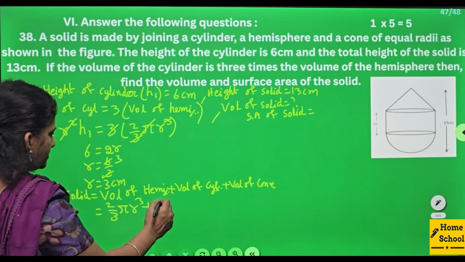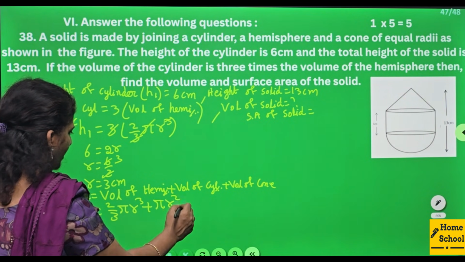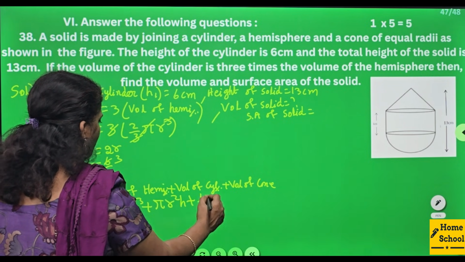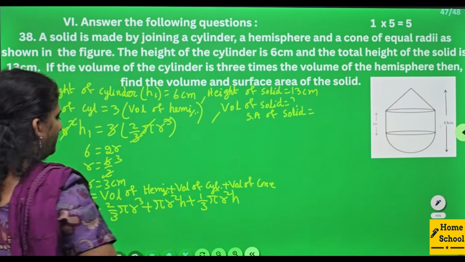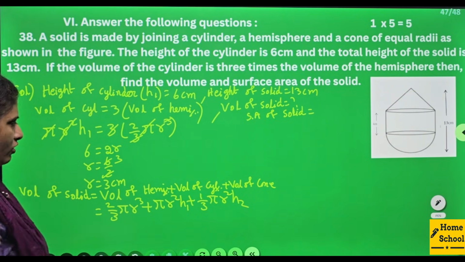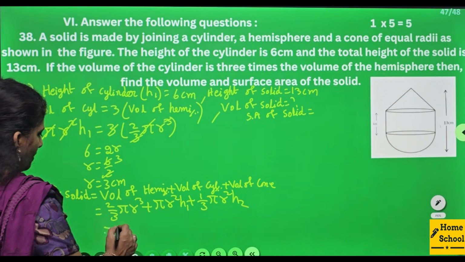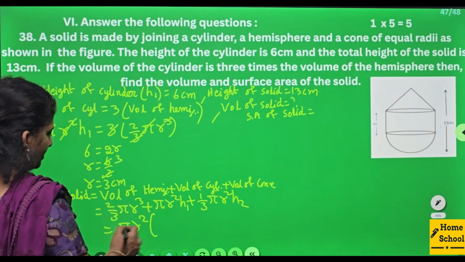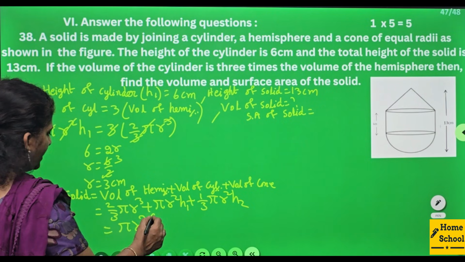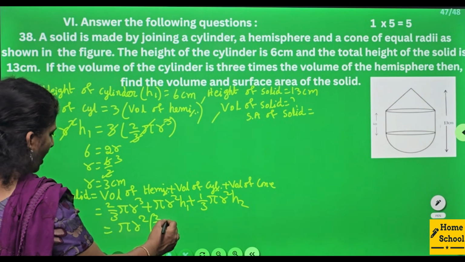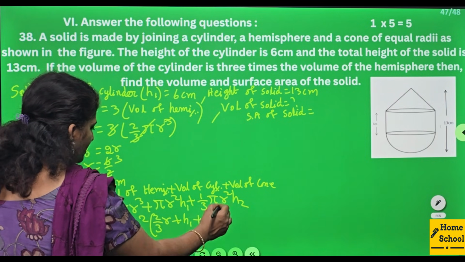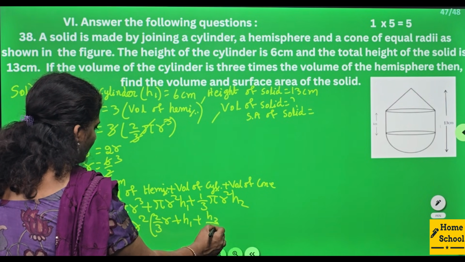Volume of a cylinder, pi r square h. Volume of a cone, 1 by 3 pi r square h. Among all this, is there anything common? Yes. Pi r square is common in all the three. Take out. What is left? 2 by 3 r plus h1 plus h2 by 3.